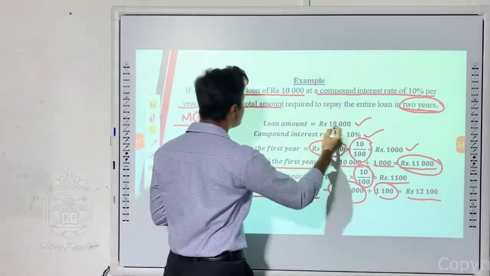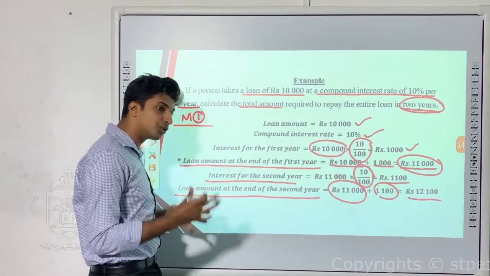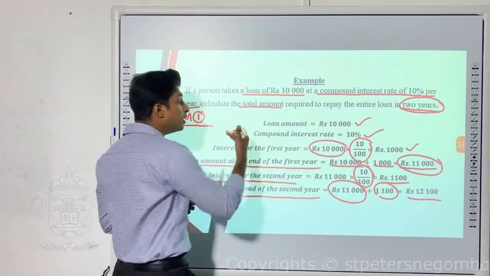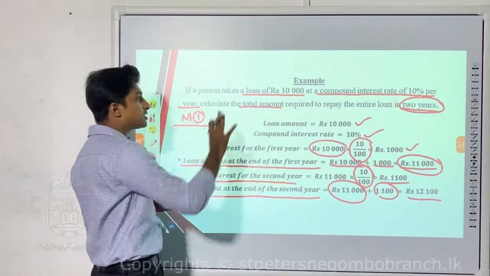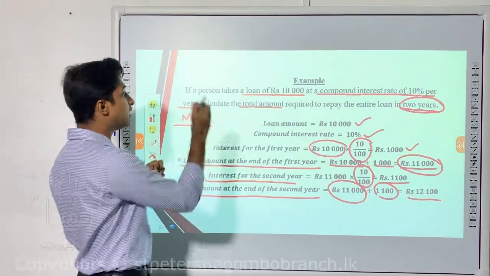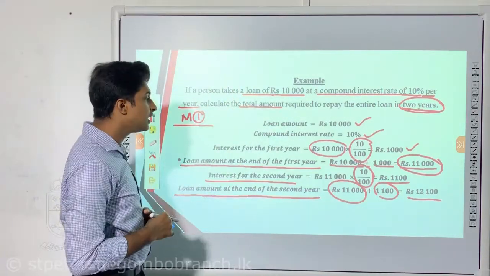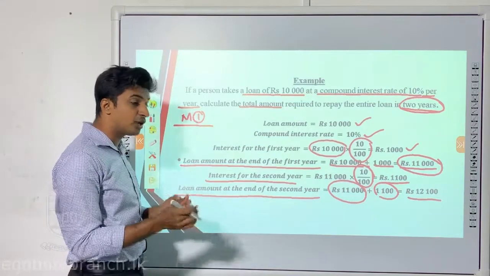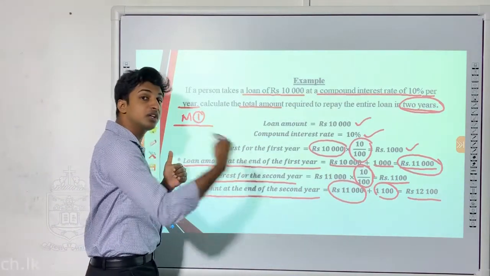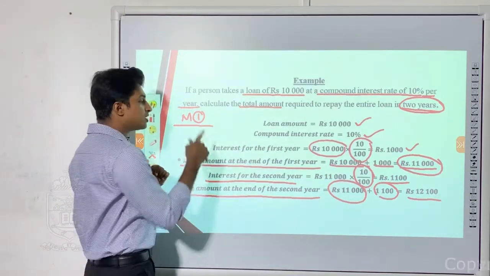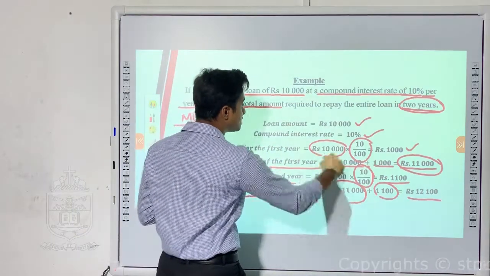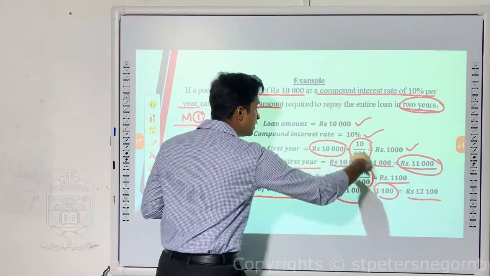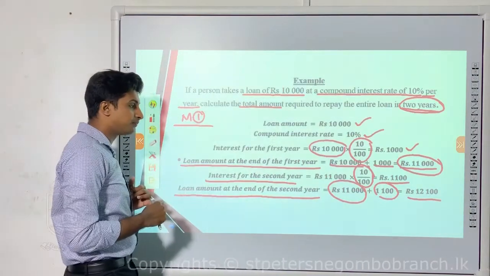So the loan amount is rupees 10,000. That is the amount he has borrowed. That is given. The compound interest rate is 10%. Those details I have taken from the question. Now I have to find the answer. So first of all, I have to see for the first year, what is the interest that has to be paid. So interest for the first year is equal to rupees 10,000 into the compound interest rate, that is rupees 1,000.